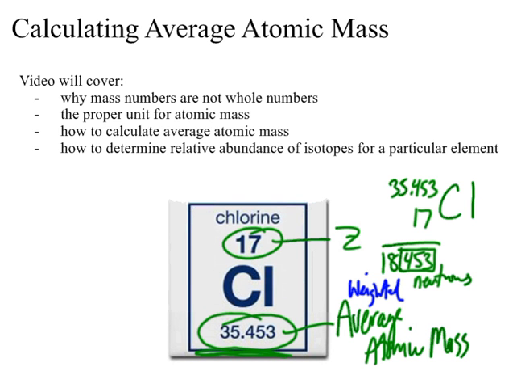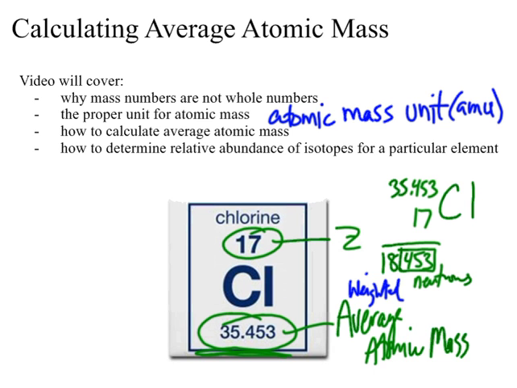Now, if I was to ask you what is the unit for atomic mass, well, it's, oddly enough, the atomic mass unit, or AMU. Okay, so AMU is the unit for atomic mass.